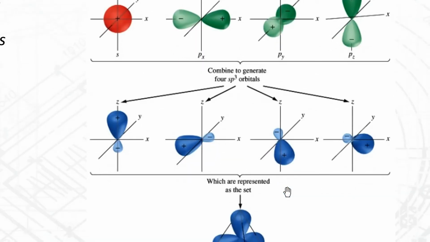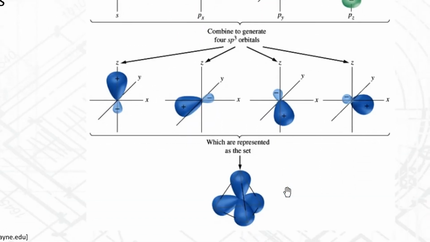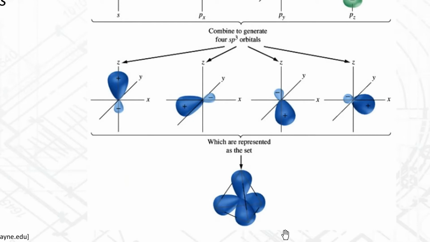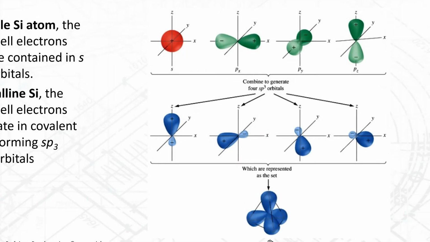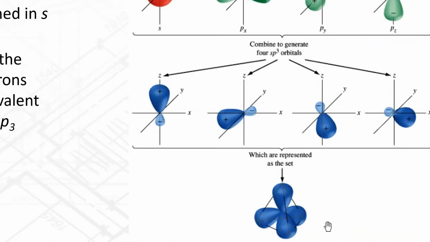That's what the electron clouds look like. And when you draw them together as a set, this is what it looks like. All right, so each one of these clouds has 2 electrons, as I showed you on the previous slide, and that's forming a bond between this silicon atom and the neighboring silicon atom.